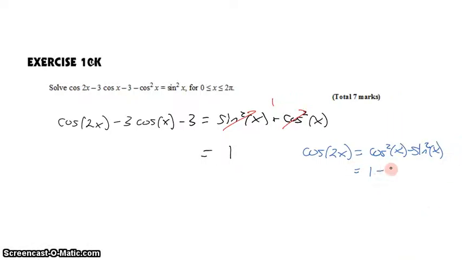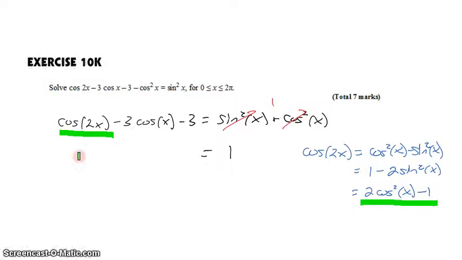It can also be 1 take 2 sine squared of x, and it can also be 2 cosine squared of x take 1. But I think that I'm going to want to use this one because it only has cosine, and that's all that remains in my equation. I've gotten rid of all the sines. I think that'll work out the best.